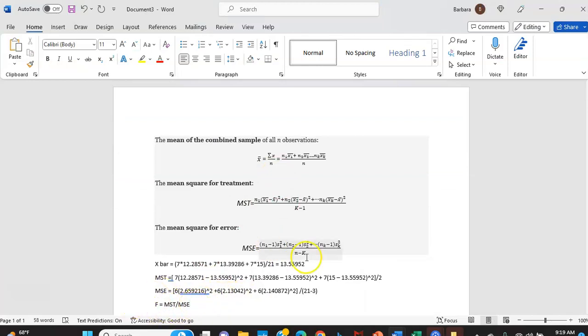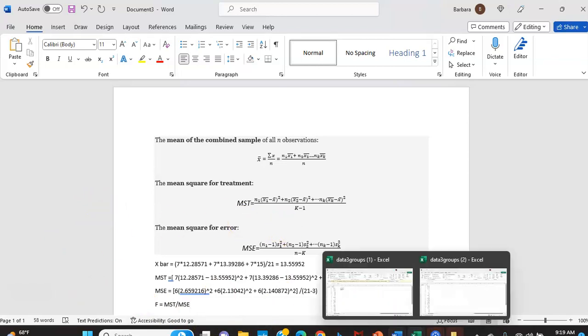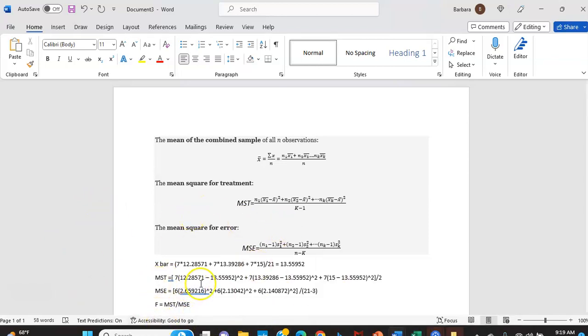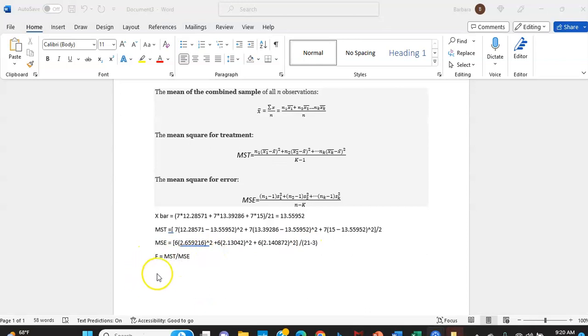I'm going to leave that answer up to you, but let's just pretend that we got a value out of it, and we will use the value in Excel. All right, now before we can even put a fake value into Excel, we need degrees of freedom 1 and degrees of freedom 2.